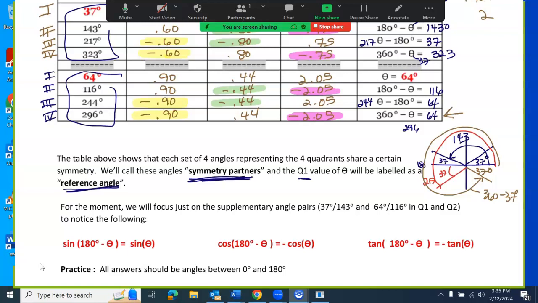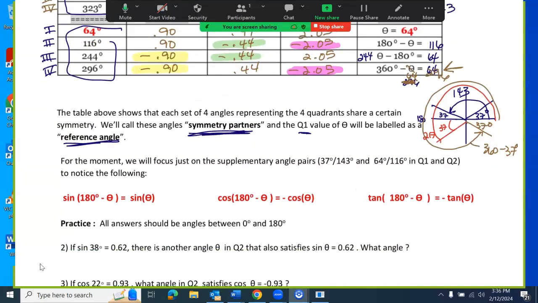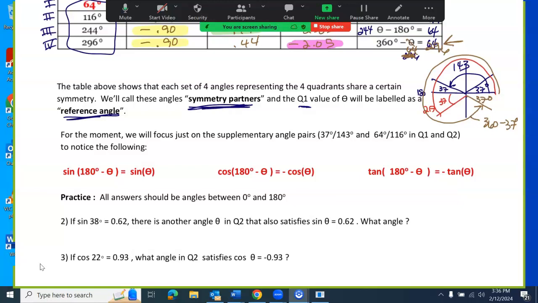Okay? So this is going to be 360 minus 64, and that's going to equal 296. Okay, so we're playing around with the symmetry here. For the moment, we'll focus just on supplementary angle pairs. So remember, these are supplementary.